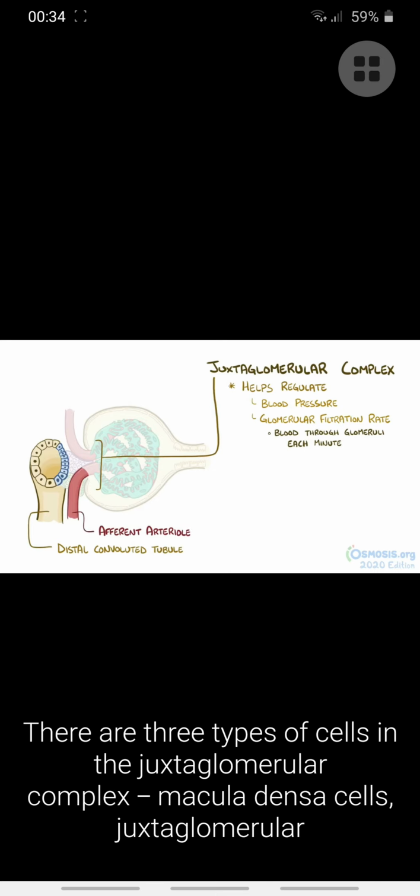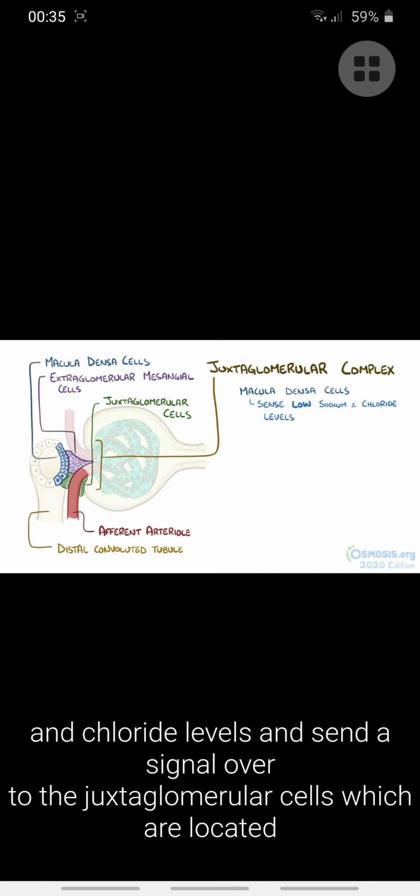Macula densa cells are located in the distal convoluted tubule, and they sense levels of sodium and chloride. In the case of hypovolemia and hypotension, the macula densa cells sense the low sodium and chloride levels and send the signal over to the juxtaglomerular cells in the wall of the afferent arteriole.